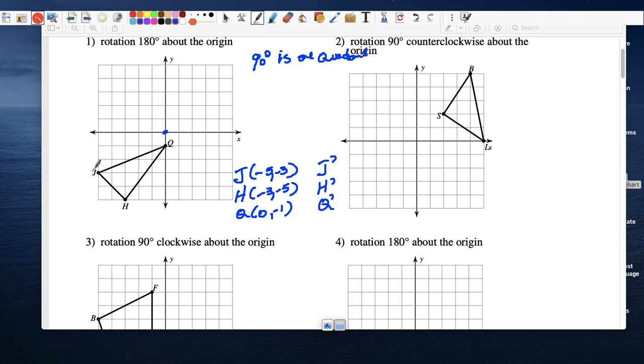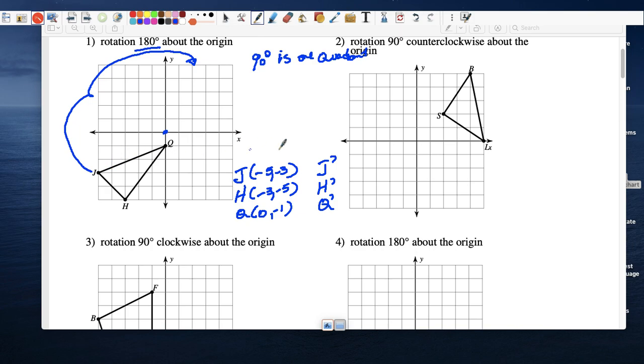So point J is going to go from here, travel one quadrant, and lands on that quadrant. So it travels 2 quadrants over. Doesn't matter if it's clockwise or counterclockwise in this scenario because it's at 180 degrees. So it doesn't matter which way you go, you still land in quadrant 1.